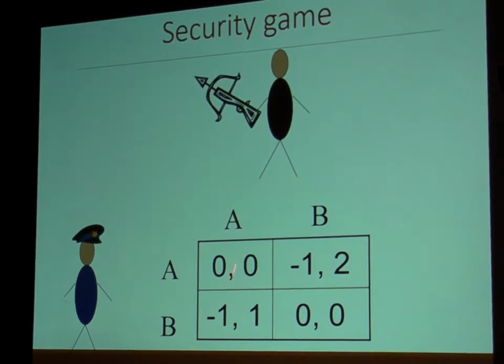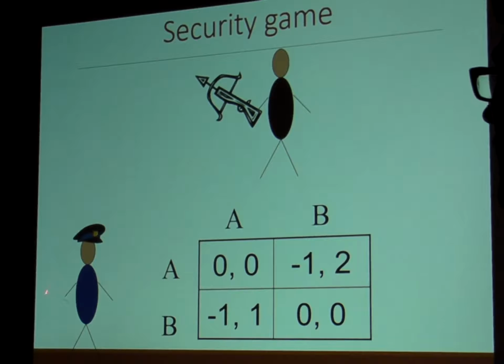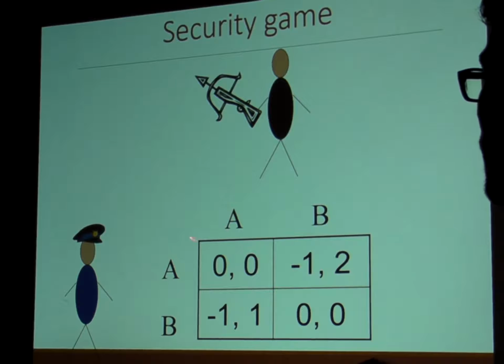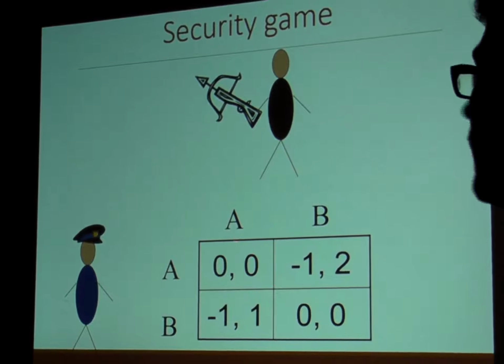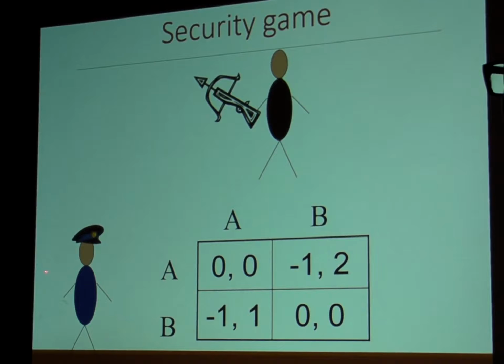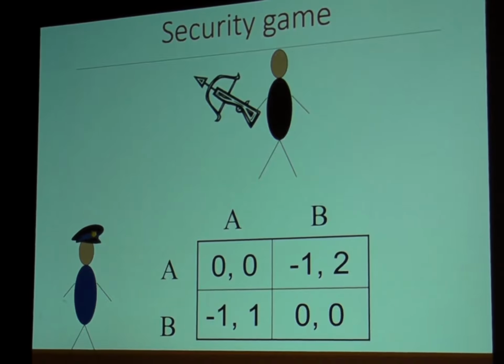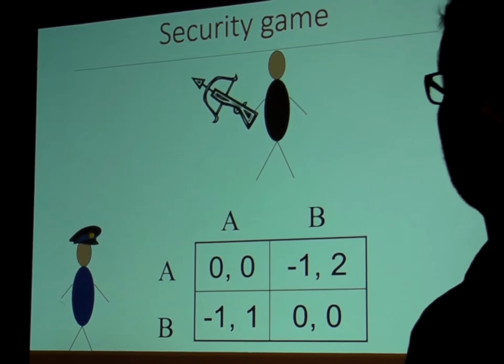An attacker could either attack Terminal A or attack Terminal B. So if I as police protect Terminal A, and the attacker attacks Terminal A, this is the outcome of the game. The first value is my utility, and the second value is the utility of the attacker. For example, if I protect Terminal A and the attacker attacks Terminal B, I will get -1 because Terminal B was attacked successfully, I didn't protect it, and the attacker would gain 2 points for attacking that terminal.